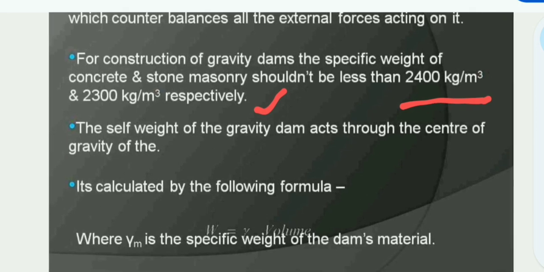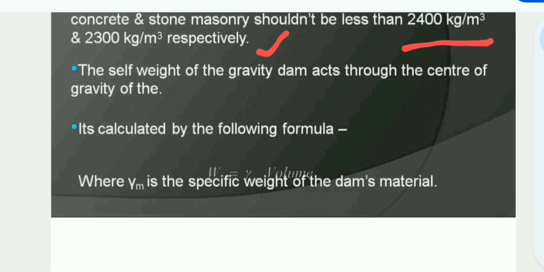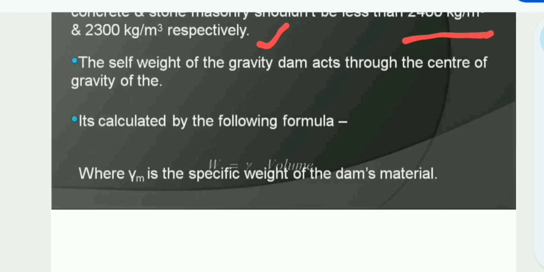The self weight of the gravity dam acts through the center of gravity of the dam. It is calculated by the following formula: W equal to gamma into volume, where gamma is the specific weight of the dam's material.